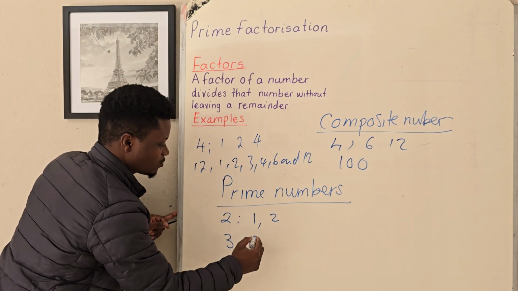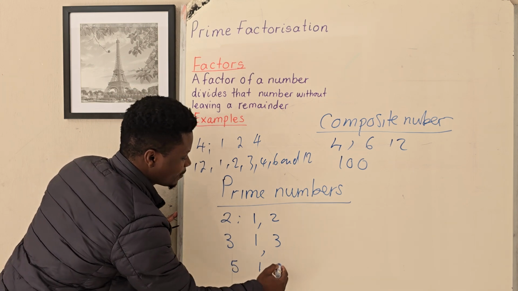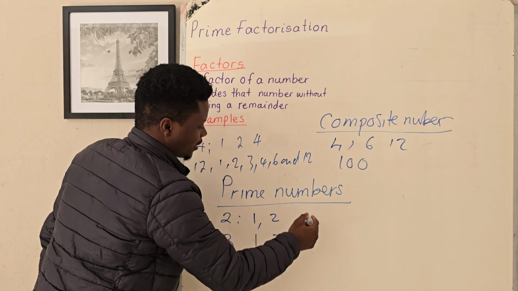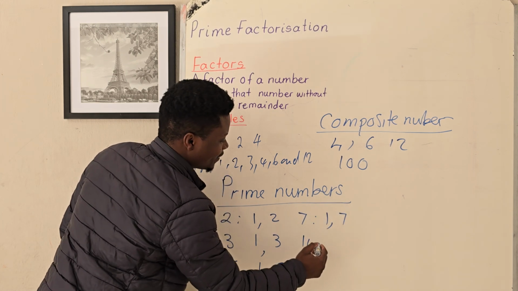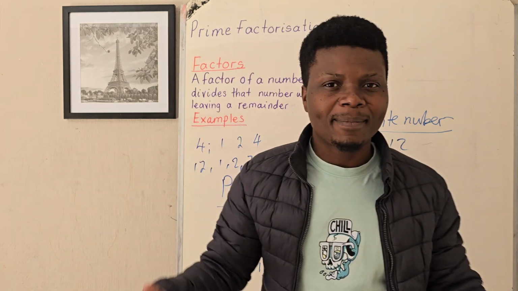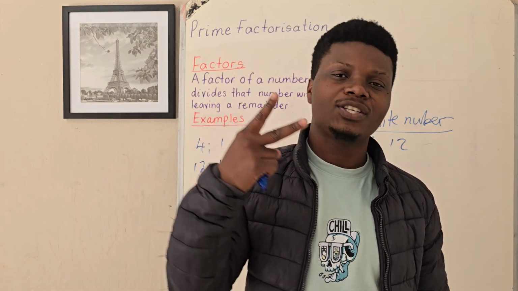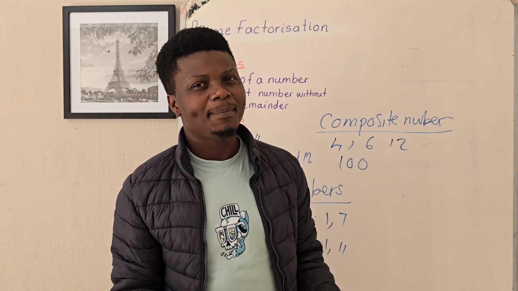Factors of 3 are 1 and 3. Factors of 5 are 1 and 5. Factors of 7 are 1 and 7. Factors of 11 are 1 and 11. These are what we call prime numbers: a number that has only two factors, 1 and that number.